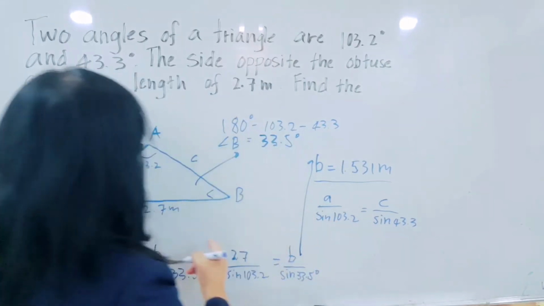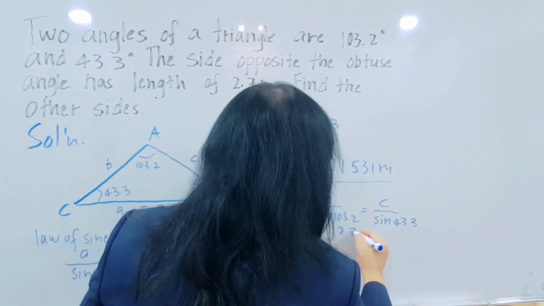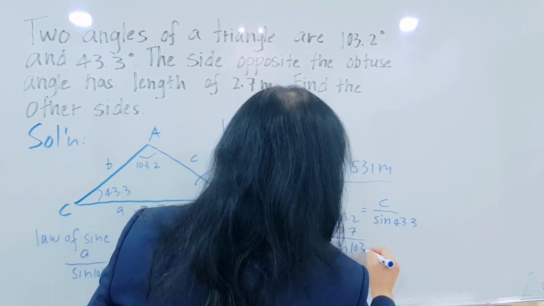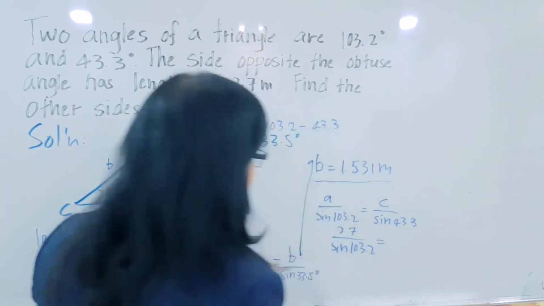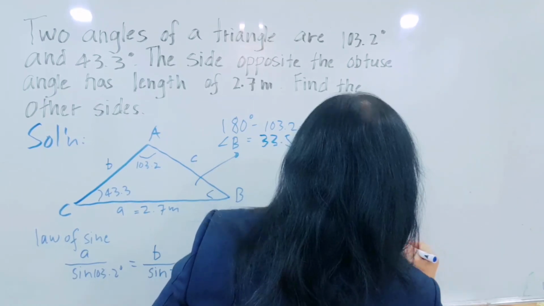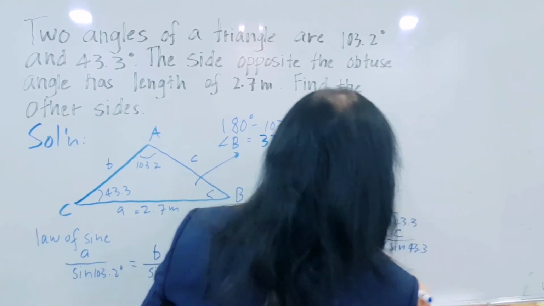Now, substituting the value of A, which is 2.7, over sine 103.2 is equal to C over sine of 43.3.